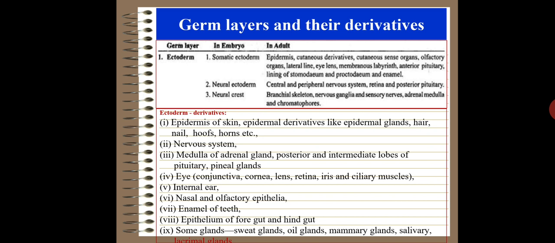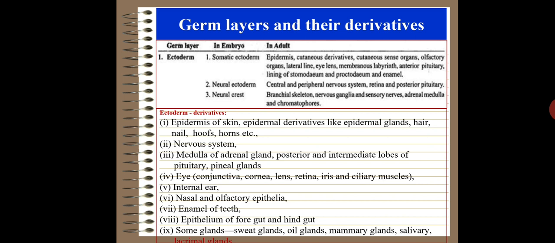The somatic ectoderm is responsible for the formation of different tissues or organs like the epidermis of the skin, cutaneous derivatives and cutaneous sense organs, olfactory organs, lateral sense organ system, eye lens, membranous labyrinth, and anterior pituitary, lining of stomatodeum and proctodeum.